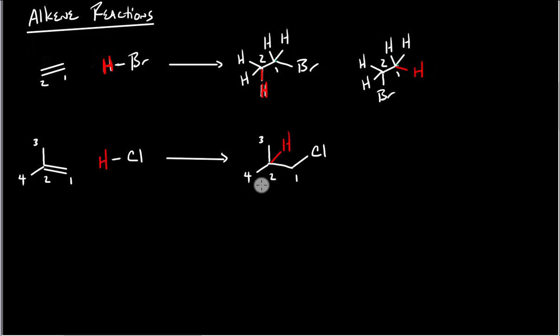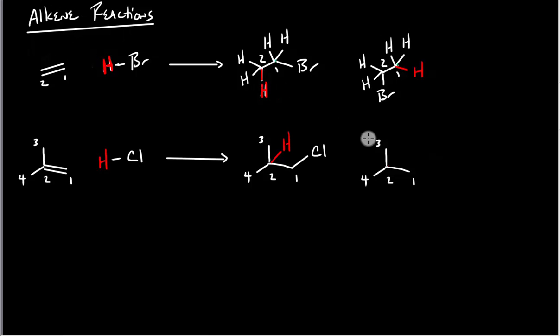So go ahead and pause the video. Again, try to figure out and draw out what the molecule should look like. Okay, so I'm going to assume that you actually did pause the video and try to write the molecule out on your own. We said that really two outcomes could have happened. We could have either added chlorine to carbon 1, or we could have added chlorine to carbon 2, because that initial carbon to hydrogen bond forming process wasn't really explicit about which hydrogen got attached to what carbon.